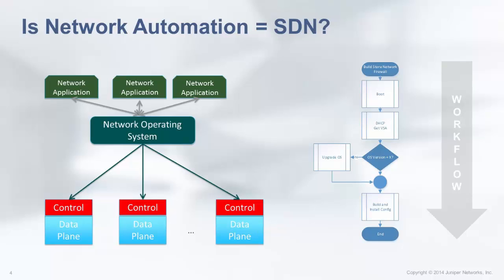So the biggest separation to me is the management plane is basically manipulated through automation, and then SDN is where the control plane manipulations come in, when you're talking about things like OpenFlow, I2RS, BGP-LS, PCEP, those kinds of things. You're actually directing traffic using a centralized controller, whereas automation is setting up the device, pulling information from the device, and making determinations about the best way for that device to work.